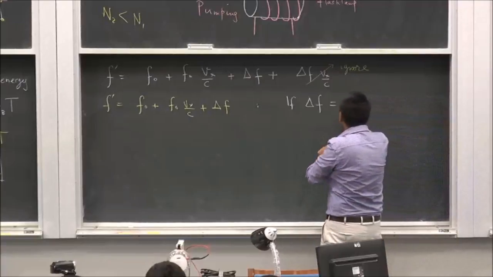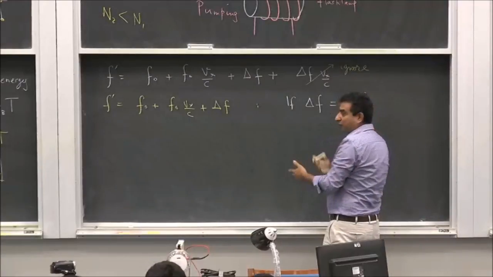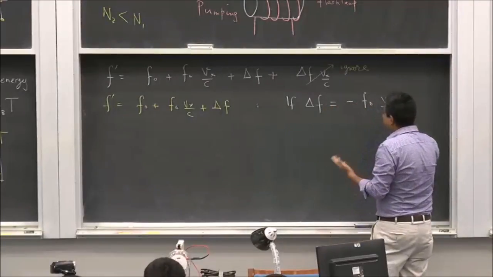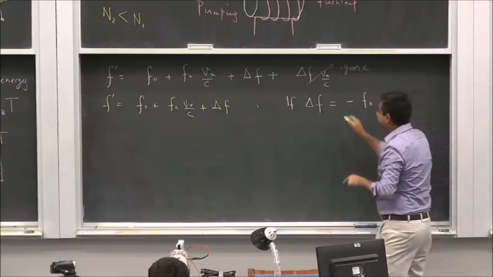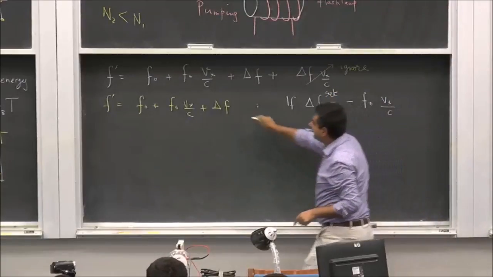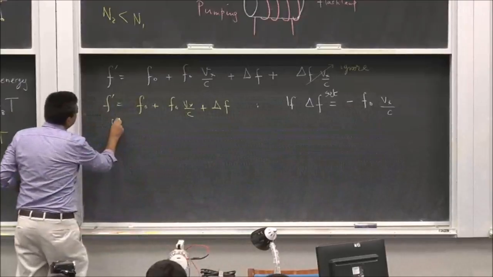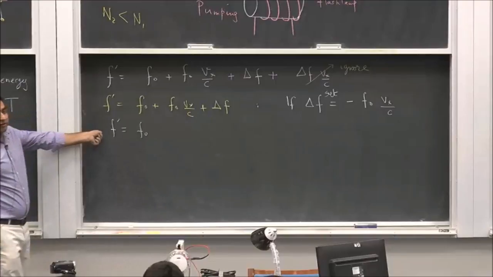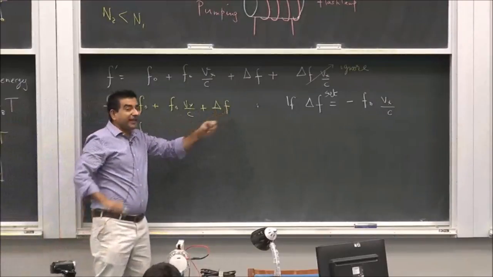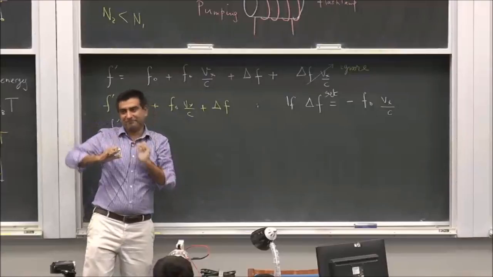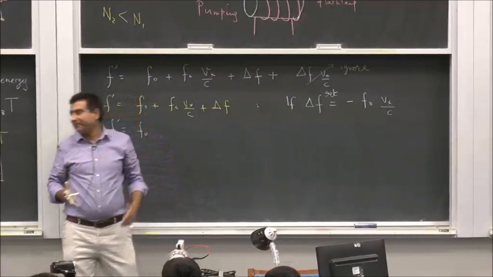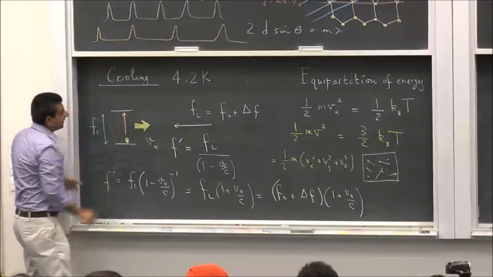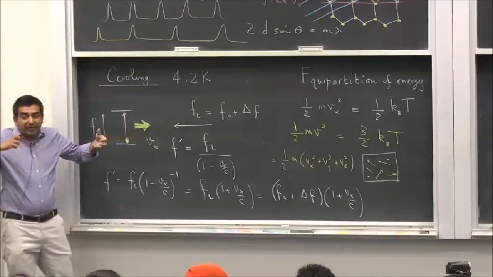If delta F is set such that it equals minus F0 Vx over C, because you know the atomic structure, you know F0, and you have an estimate of Vx, then this set experimentally makes the term zero and F prime becomes equal to F0. So when the detuning is precisely tuned to match the speed of the atom, the electron will be promoted to the excited state. It will absorb the incoming photon.